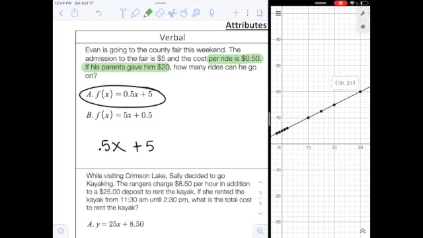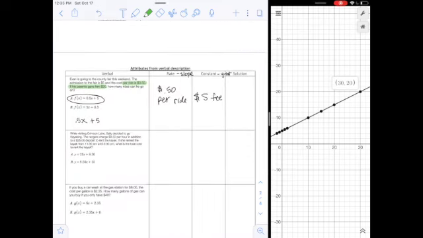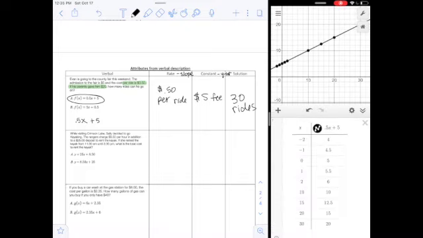So I would go up to 20 on my y's, and then figure out where my line was, just like our function notation from a graph. That gives us our 30 and our 20. So my solution would be 30 rides. You can find this from a table or from a graph, but again, you're just looking for where your y was 20. Let's take a look at this next one.